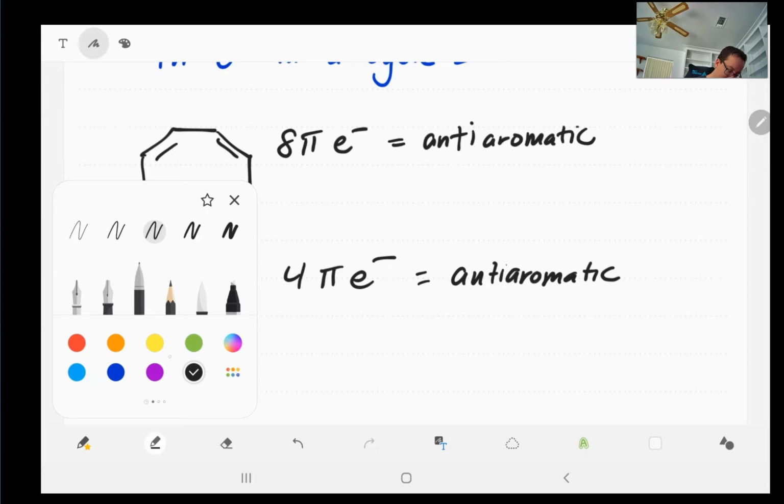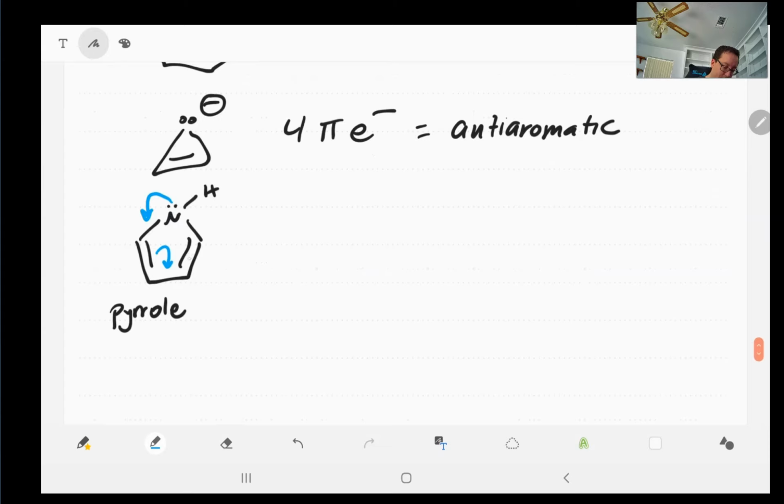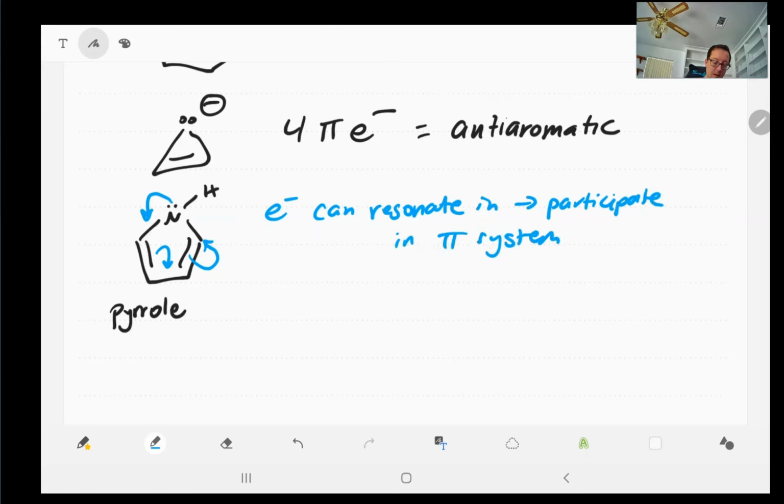However, there are also other aromatic ones that are not benzene. If you have pyrrole, we don't need to memorize that structure, but note when pyrrole resonates, the electrons can resonate in, and therefore they participate in the pi system, so we can count those as part of it.